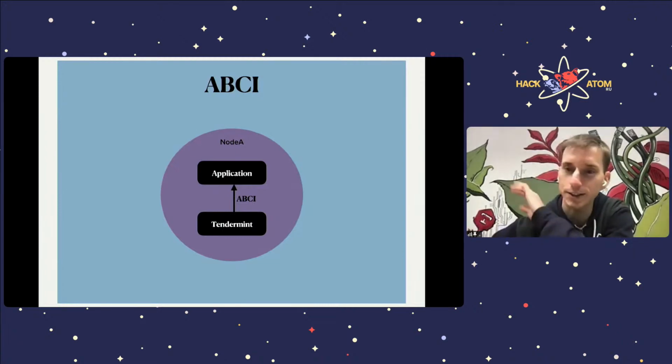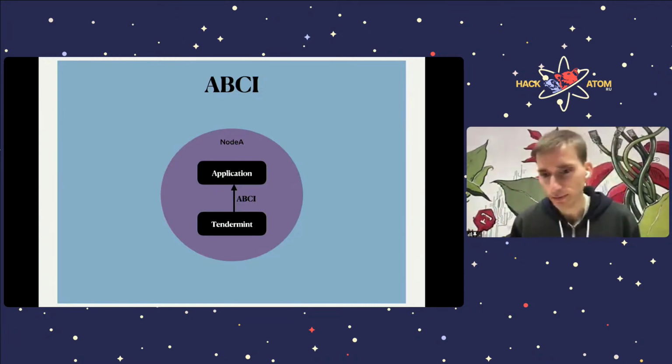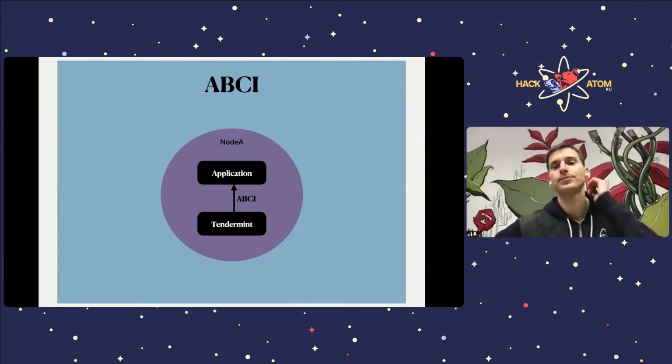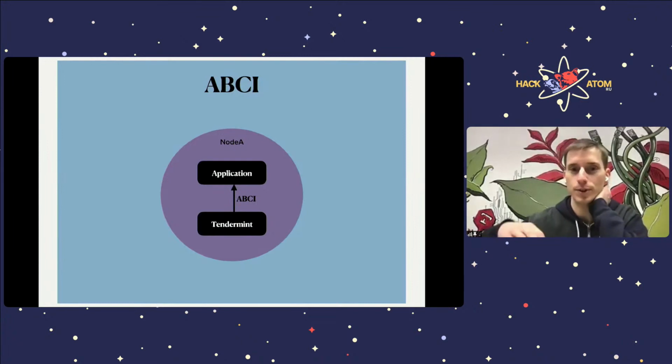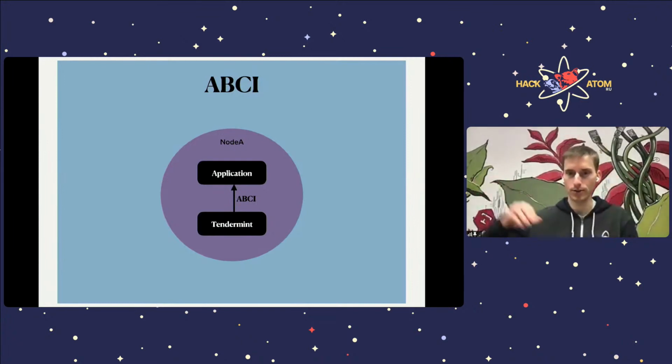So it doesn't really matter what the distributed database is about. It could be a proof-of-stake blockchain, anything else, you name it. So there is an interface between Tendermint and the app.